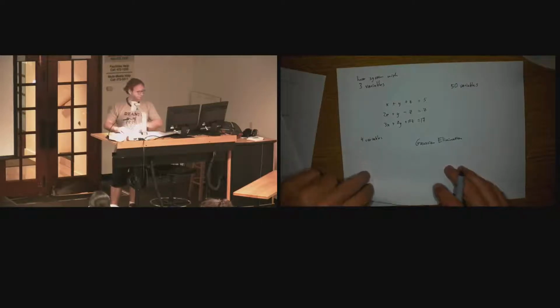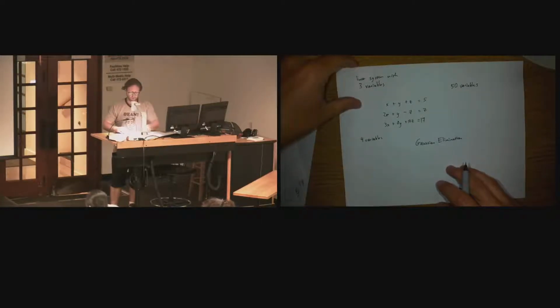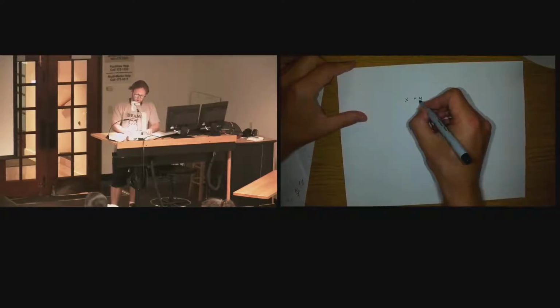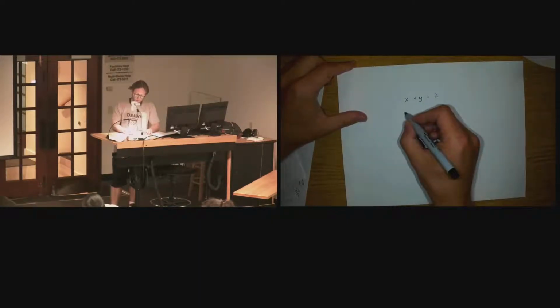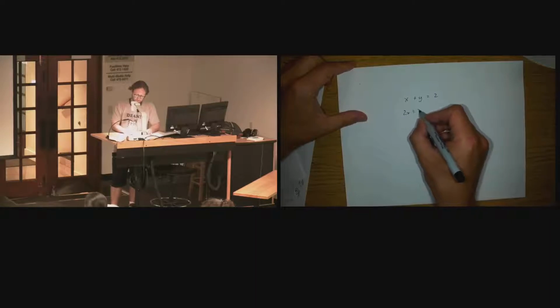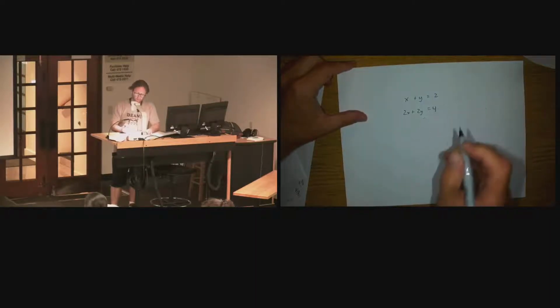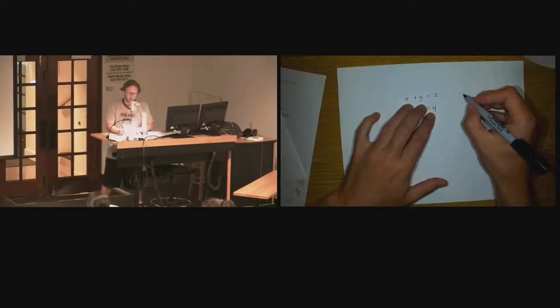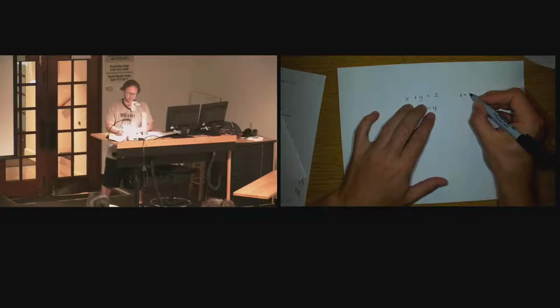Let me give you one more example before we move on to the quiz here. x plus y is equal to 2. 2x plus 2y is equal to 4. Solve this system. Let's go through the process again here. I'll take y onto the other side. x is equal to 2 minus y.